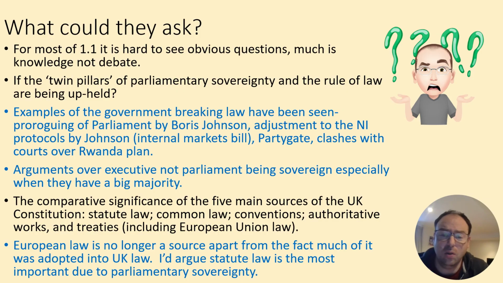I'd argue statute law is the most important due to parliamentary sovereignty, linking back to the earlier bit of the spec. Conventions and things can be overridden, but they all play a role. So in learning what the roles of these sources are, if a question came up on that, it's fairly straightforward to get yourself prepared, I think.